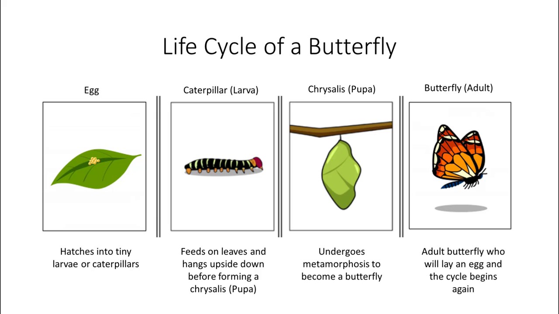And then finally, many adult butterflies will fly from plant to plant, and they will want to find the perfect place to lay their eggs. On average, the life of a butterfly is only 1 to 2 weeks. And once they've laid their eggs, they will die, and the whole process will start over again.